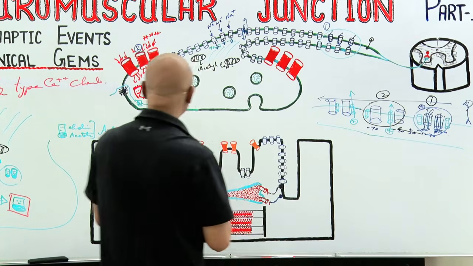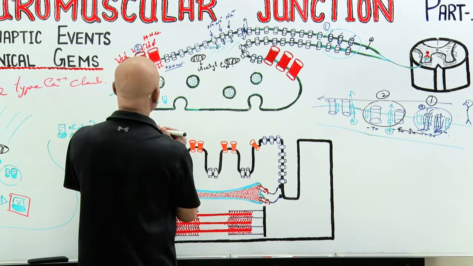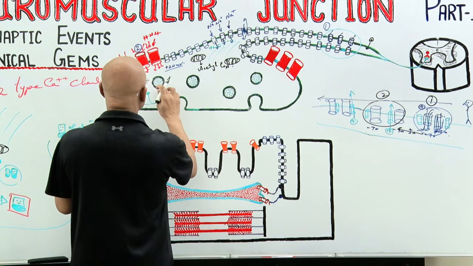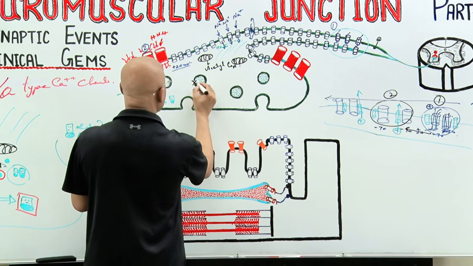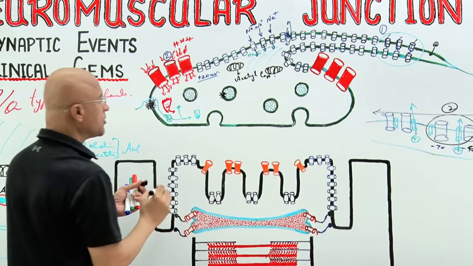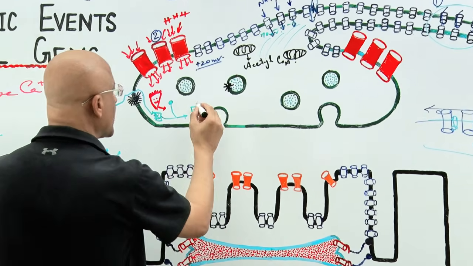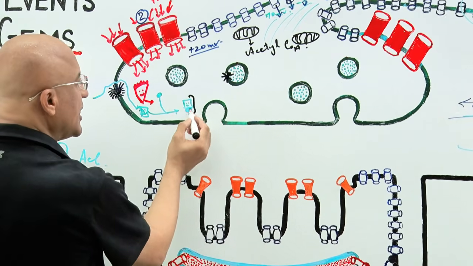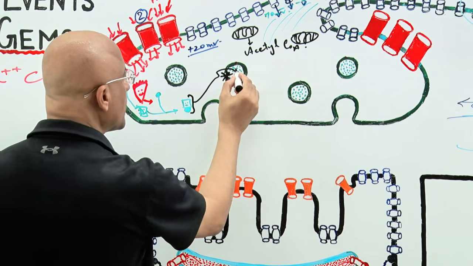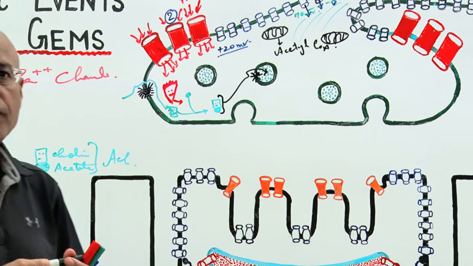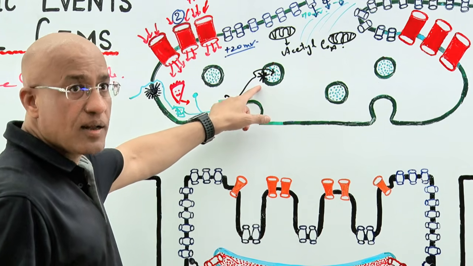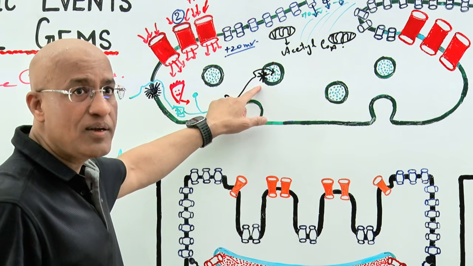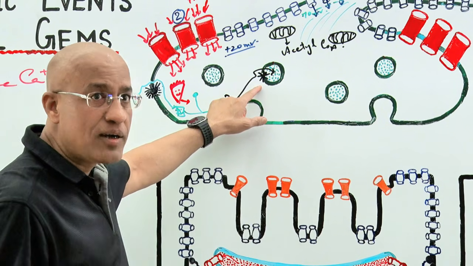It means there must be another type of transporter present here, which takes acetylcholine and concentrates it inside the vesicle. This transporter is called vesicular acetylcholine transporter.